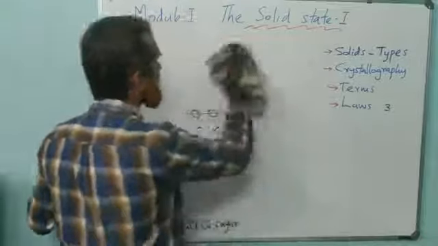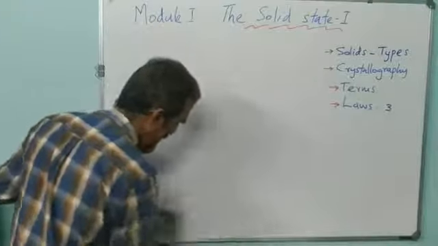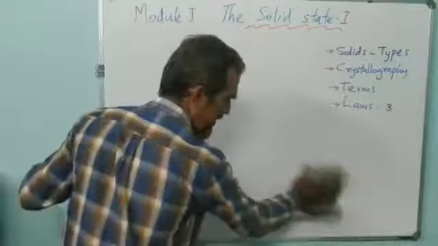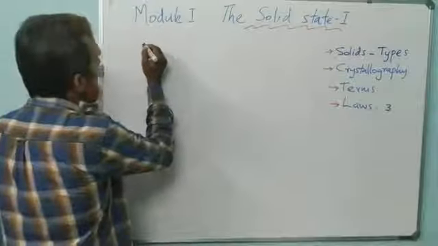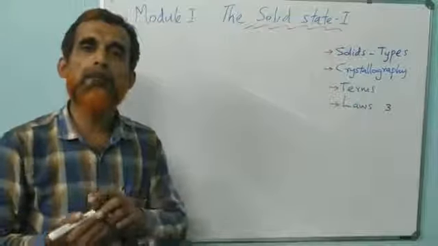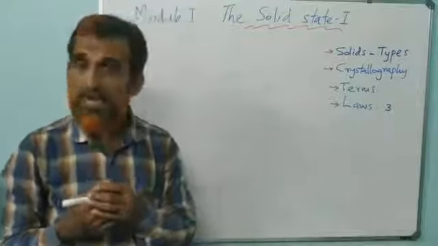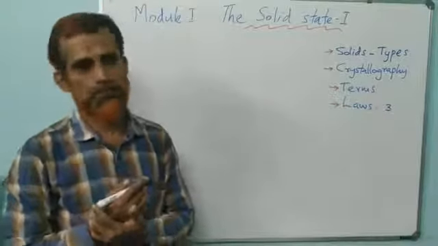the technical terms. Actually, this module involved discussion of crystalline solids. So we have the term crystallography. It is the branch of physical chemistry dealing with structure and properties of crystals.